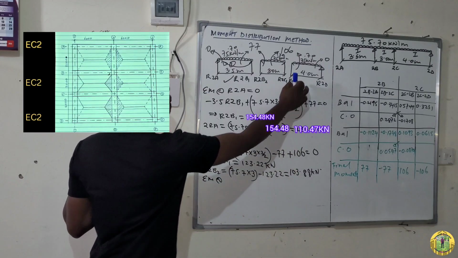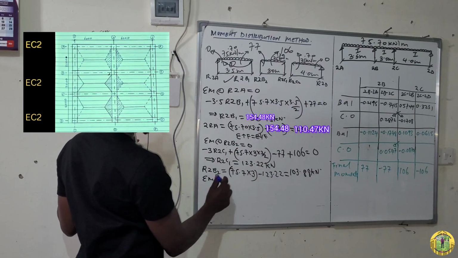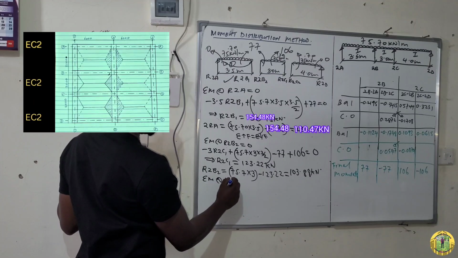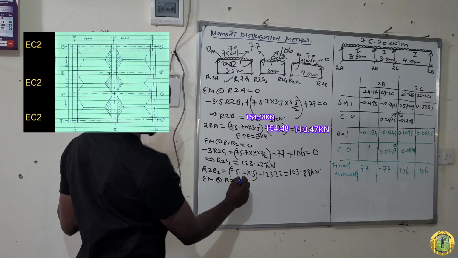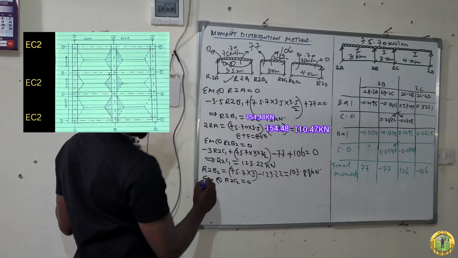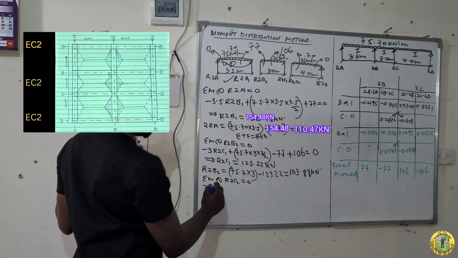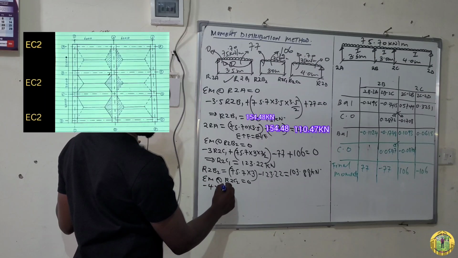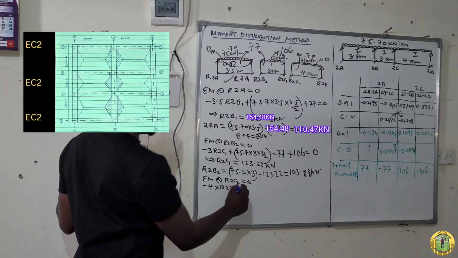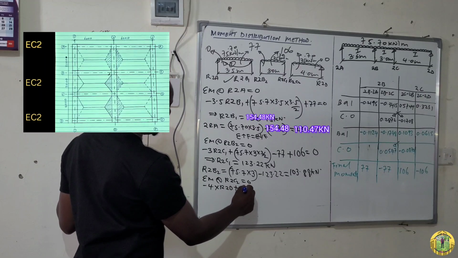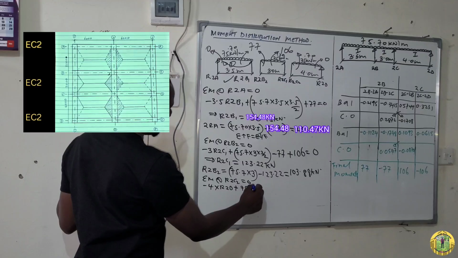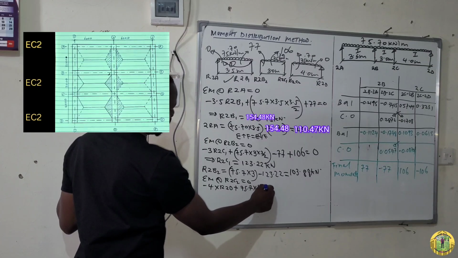We proceed to this one. Summation of moment at R2C2 is equal to 0. And then you have negative 4 times R2D, then plus the UDL, 75.7 times 4 over 2.